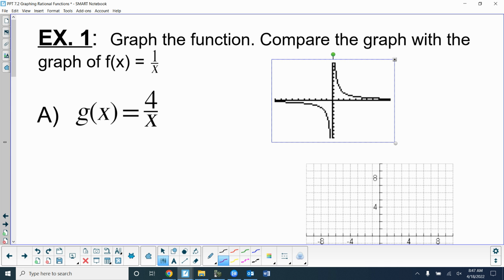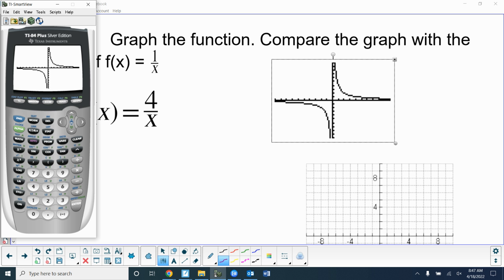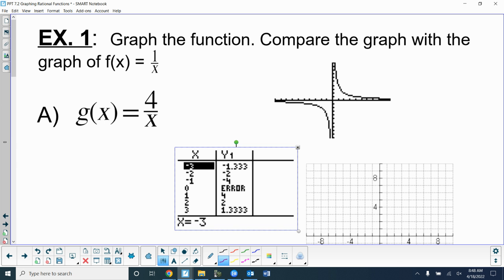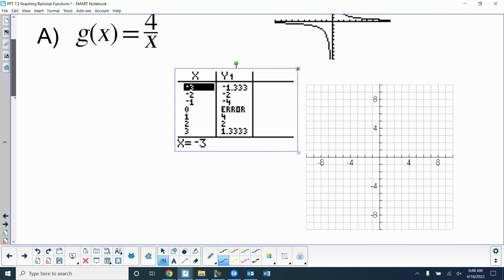To get a table of values, hit second graph for your table. Same domain and range. Domain is all real numbers but 0. So x can be everything but 0, and same with the y. Our x and y axis are vertical and horizontal. We call them asymptotes, remember.